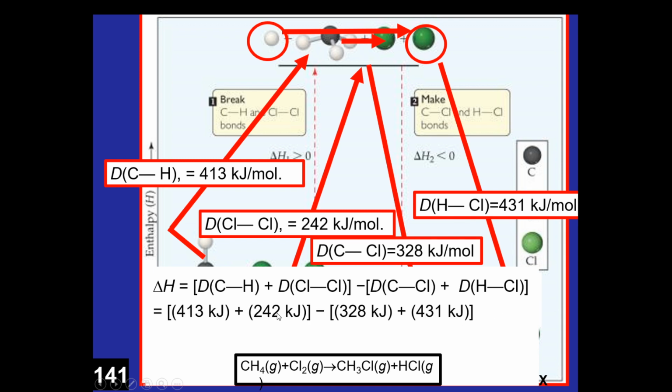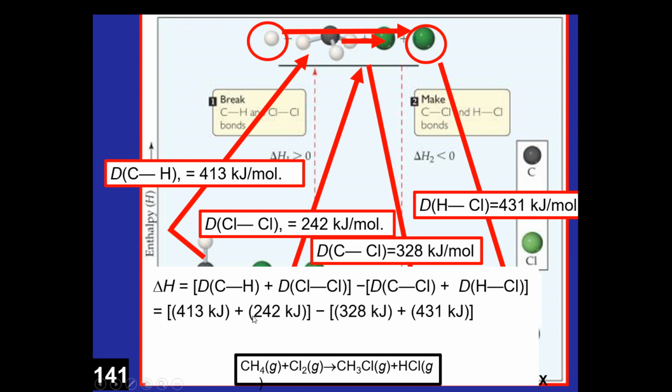So let's put the numbers in. Carbon-hydrogen, 413, right here. Chlorine-chlorine, that's this one here, 242. On the other side, we've got carbon-chlorine, 328, that's right there. And the hydrogen chloride bond, 431, that's where we get this 431.